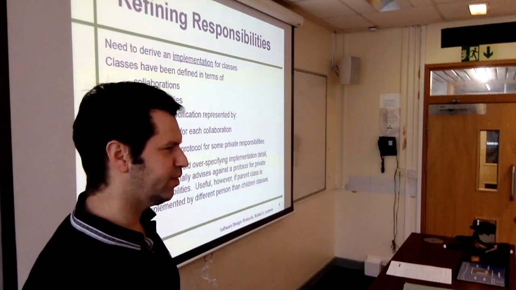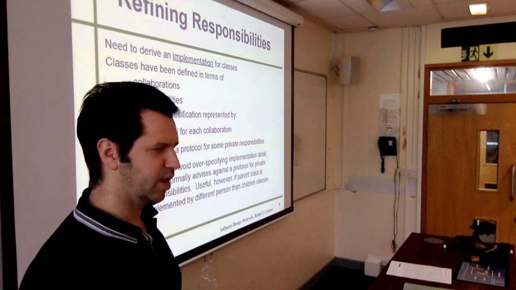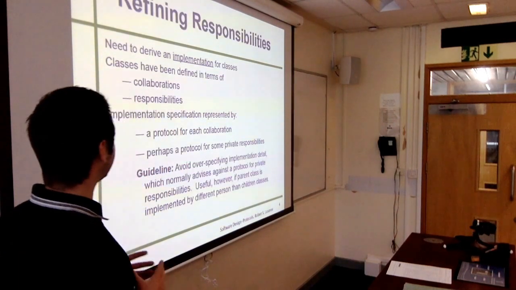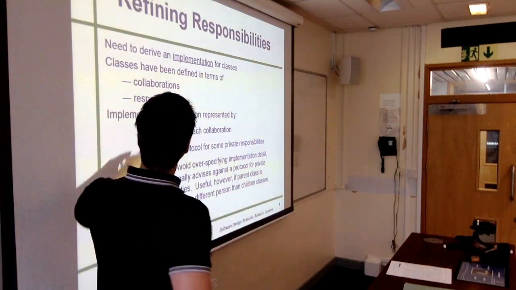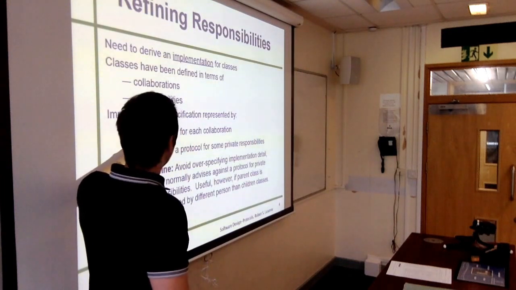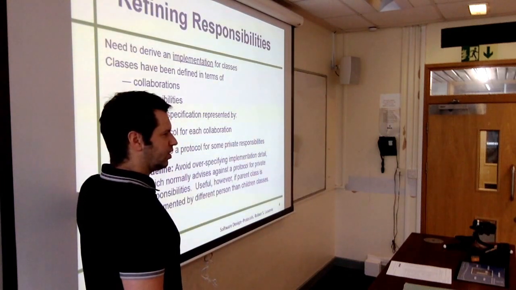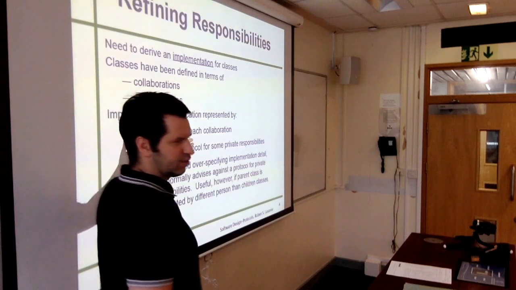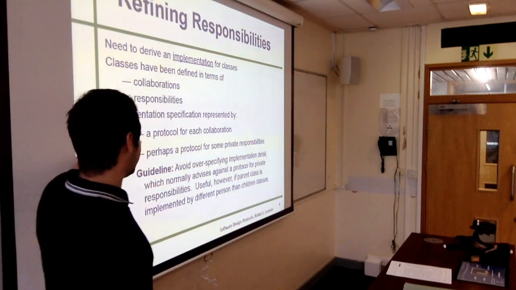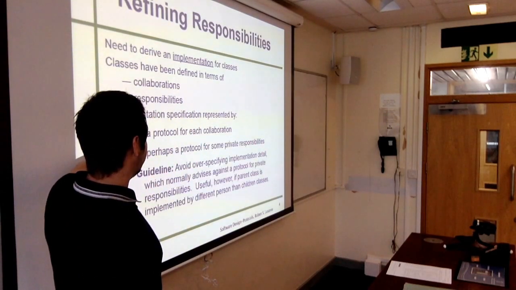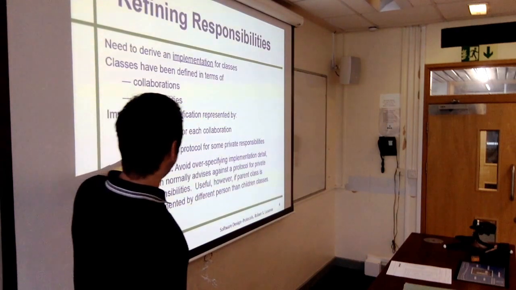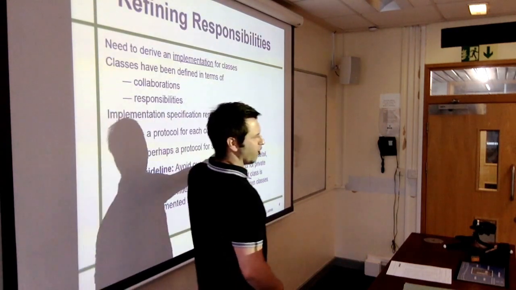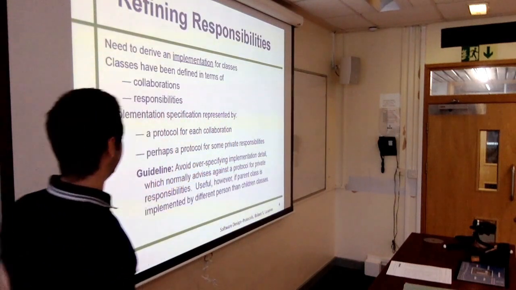And then the implementation starts by defining these protocols, right? We need roughly one protocol for each collaboration, more or less. Could be two, could be three, but generally it's one. And there might be some protocols for private responsibilities that can happen.